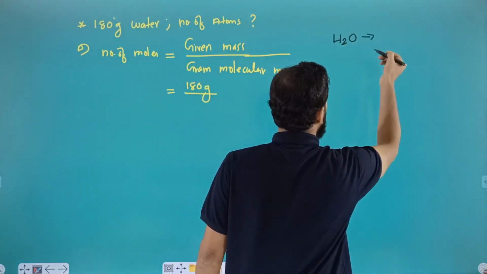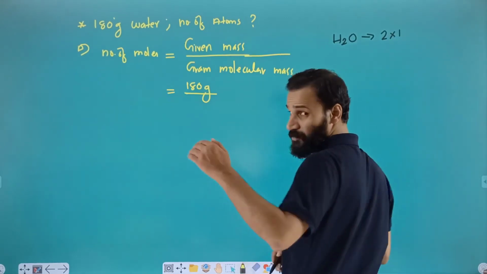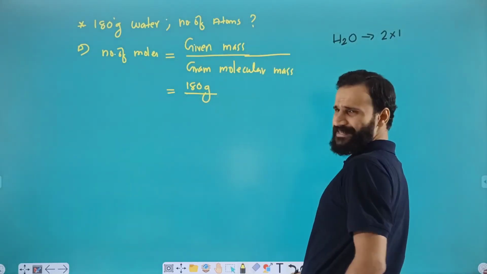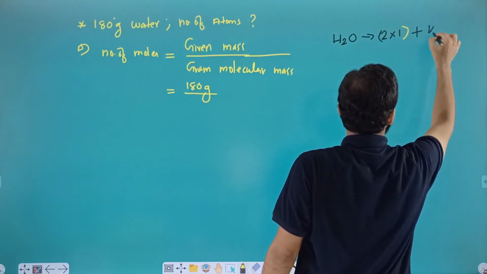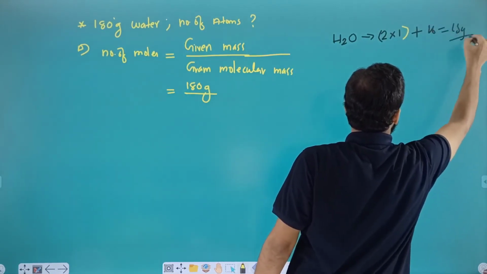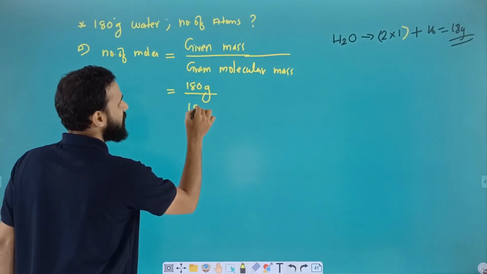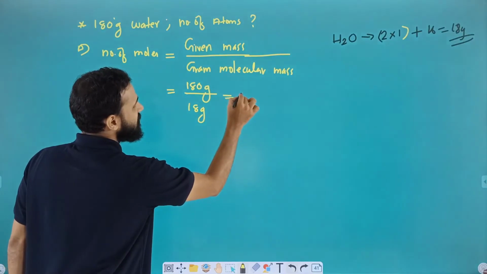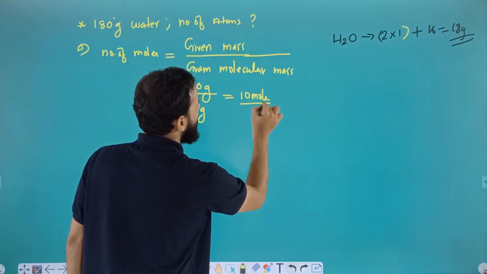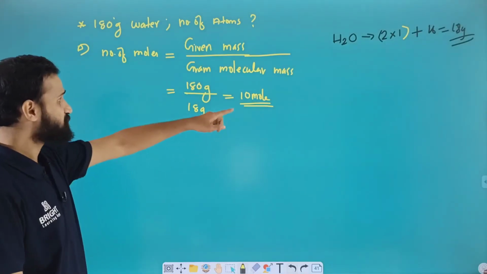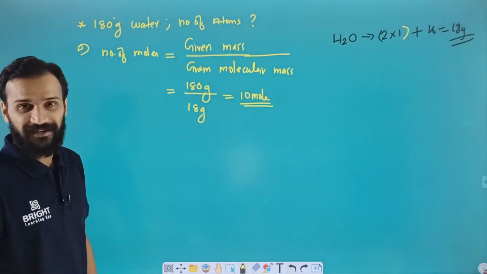There are 2 hydrogen, the atomic mass of hydrogen is 1.008, we can take 1. So 2 into 1 plus oxygen, that is 16. As you know, 18 gram is the gram molecular mass. So 180 divided by 18 gram, we will get 10 mole. 10 mole is the number of moles present in 180 gram of water, isn't it?